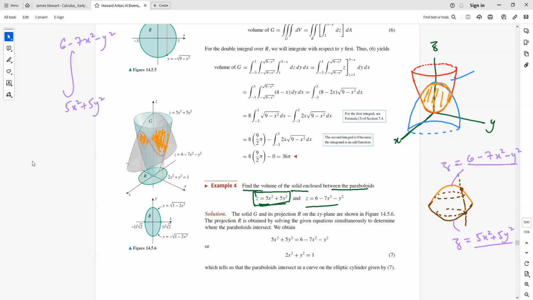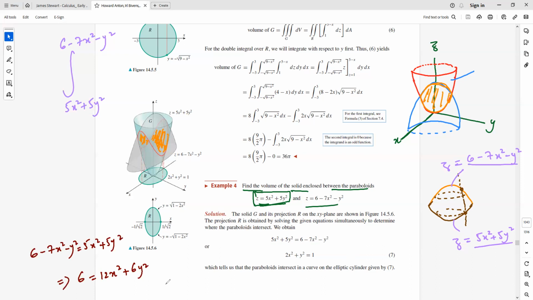Since z is 0, we can write it this way: 6 minus 7x squared minus y squared equals 5x squared plus 5y squared, which in turn implies that 6 equals 12x squared plus 6y squared.